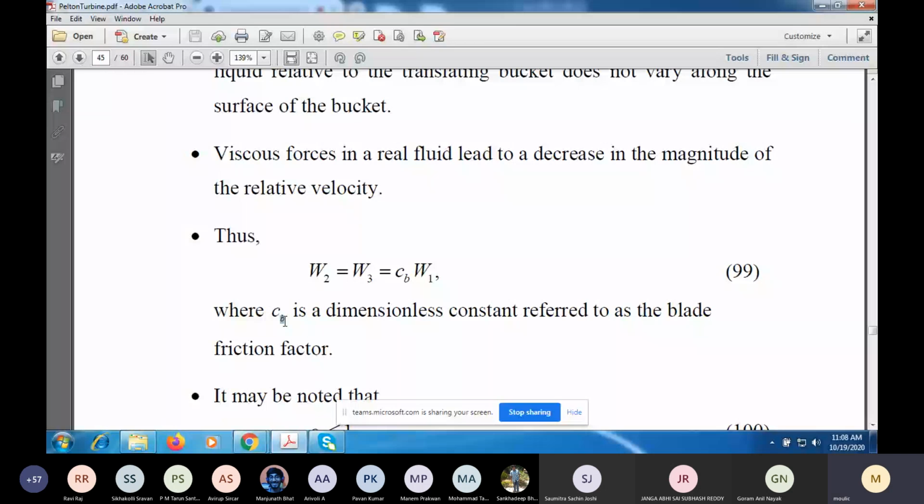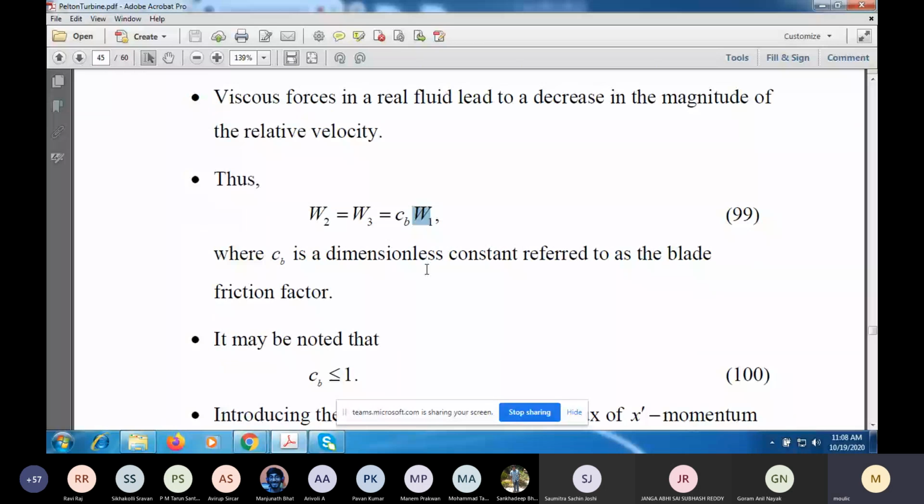So the relative velocity at the two outlets, which are equal, we are taking to be slightly less than the inlet relative velocity. If you neglect blade friction and assume the flow to be inviscid, since the flow is steady in the translating frame, you can apply Bernoulli's equation, but only in the translating frame. And that shows that W2 and W3 are both equal to W1.